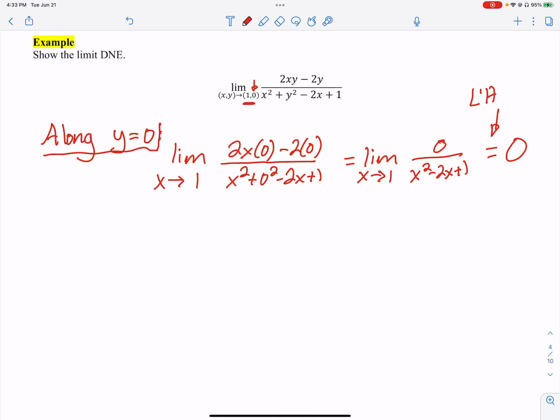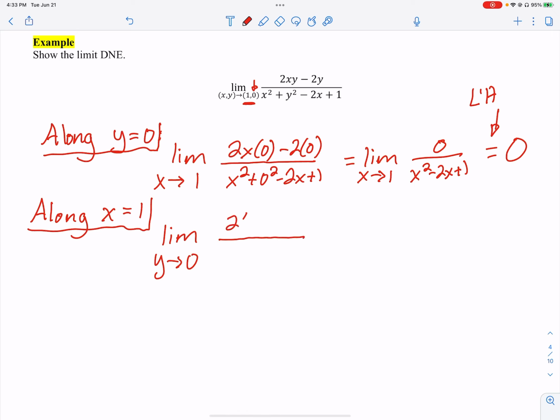Okay, that's one path. Let's try the other path. Now you may be tempted to put x equals 0, but x is not going to 0. x is going to 1, as I kind of mentioned in passing each time we talked about it. So we have the limit as y is approaching 0, the original number it was approaching. And now I'm going to put a 1 everywhere there was an x. 2 times 1 minus 2y over 1 squared plus y squared minus 2 plus 1.